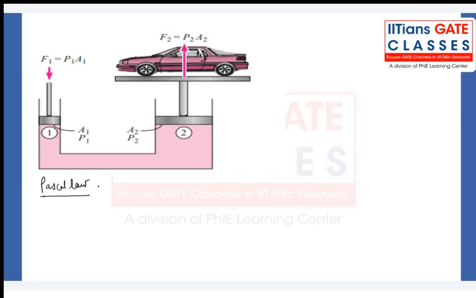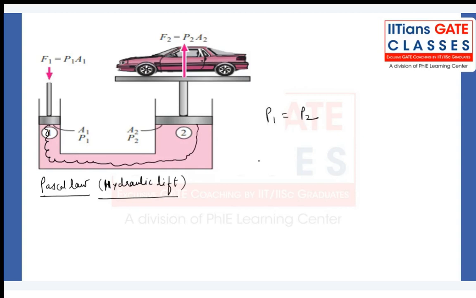We also say hydraulic lift. So what you are observing, pressure at one point for this particular fluid which is continuously present, then we can write pressure at 1 is equal to pressure at 2, right?